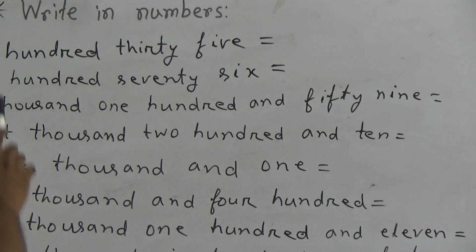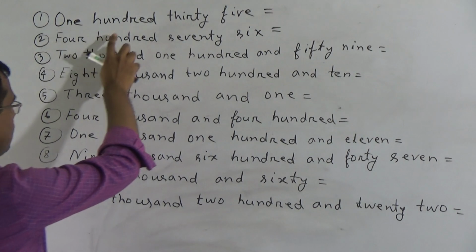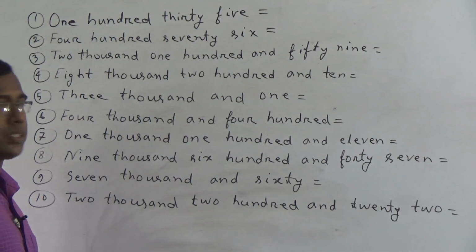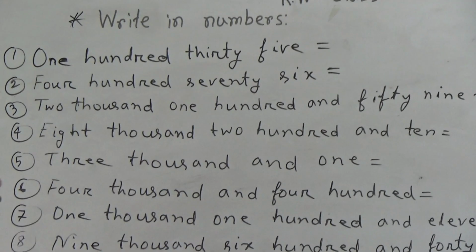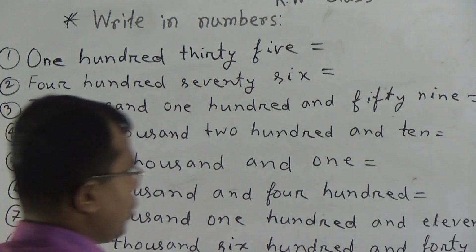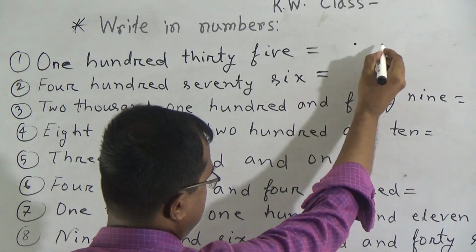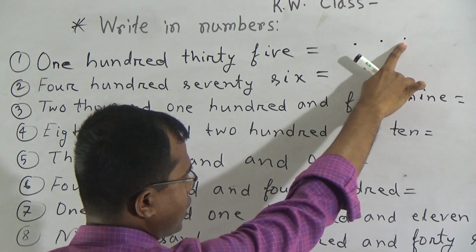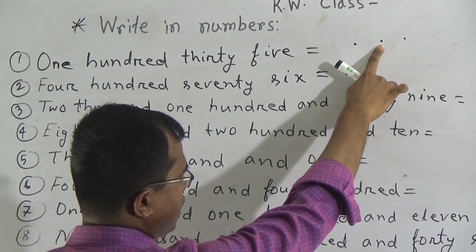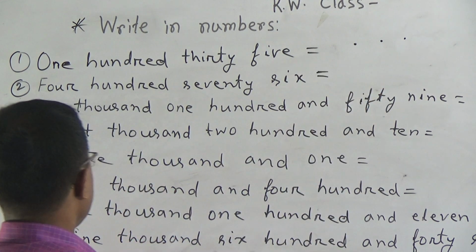First number, 135. We have to write these numbers using digits. Here the highest place is the hundreds place. So we will take 3 dot signs: this dot sign for the ones place, this dot sign for the tens place, and this dot sign for the hundreds place.